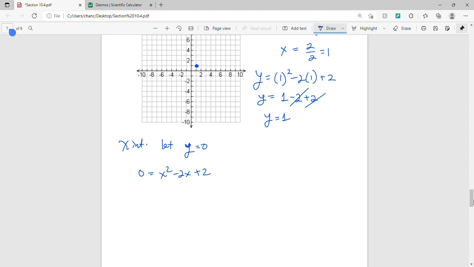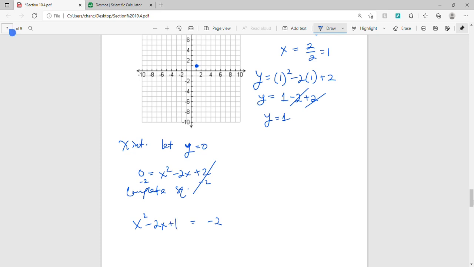So I'm going to choose to complete the square because in the previous example we did the quadratic formula. So let's use a different technique. To do completing the square, I want to rewrite this. So let's subtract the 2 from both sides. So you can switch it around. It is x squared minus 2x equals -2.